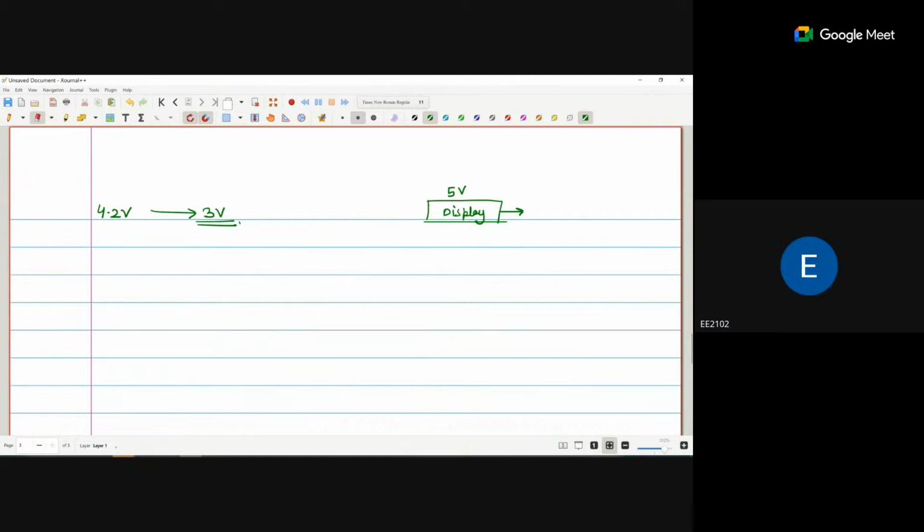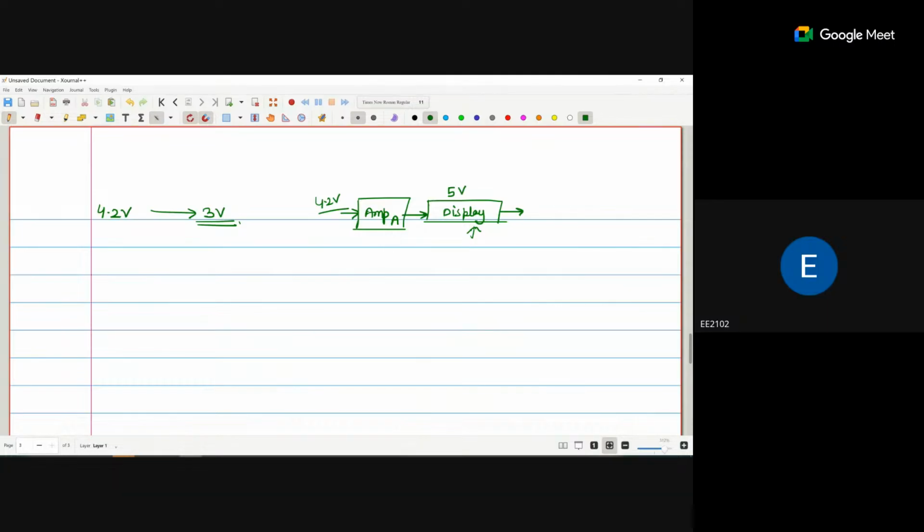So what should I do? I'm taking the example that 4.2 volts is my battery voltage. I just assume that my display will work on 5 volts, so I require one amplifier. That amplifier will provide the gain.